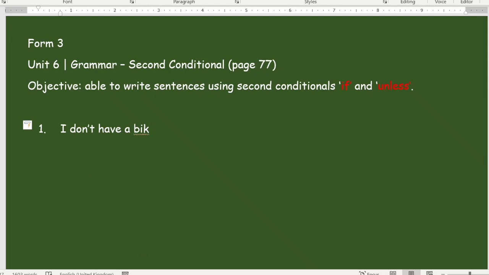I don't have a bike, so I get the bus to the football club. Okay, so I said that we can write this using the word if or unless.